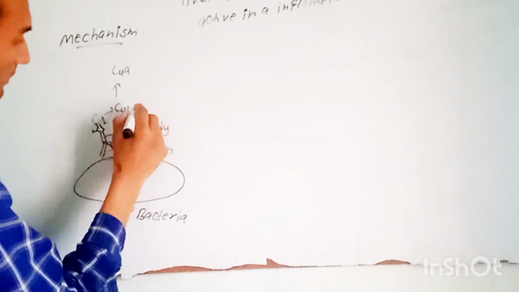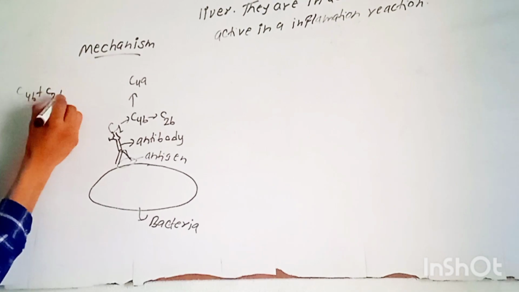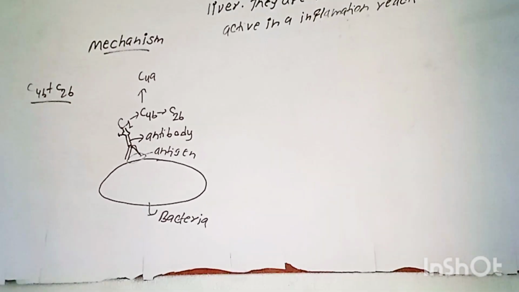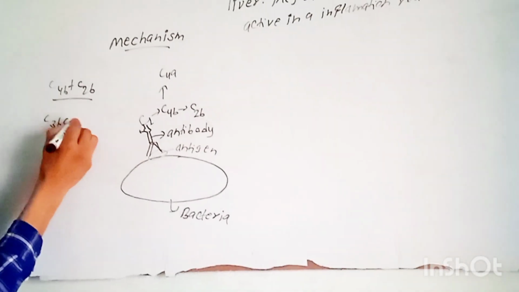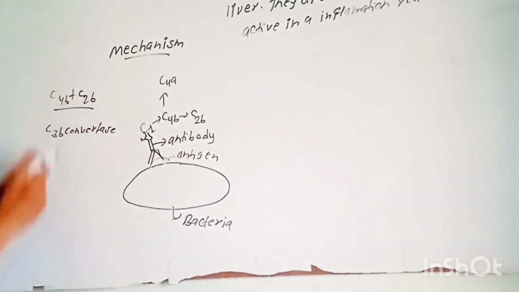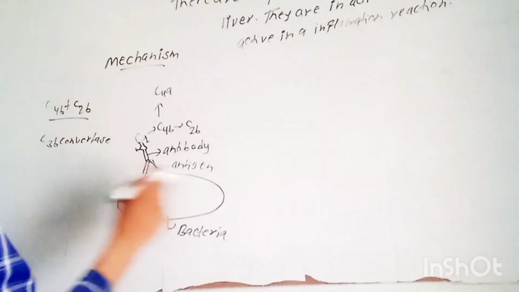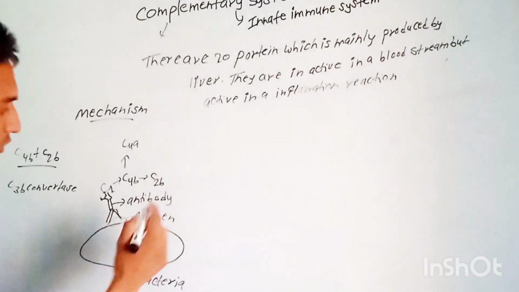Then the C2b component comes, so C4b plus C2b. These two proteins are called the C3 convertase, because they can convert the C3 protein from inactive form to active form.